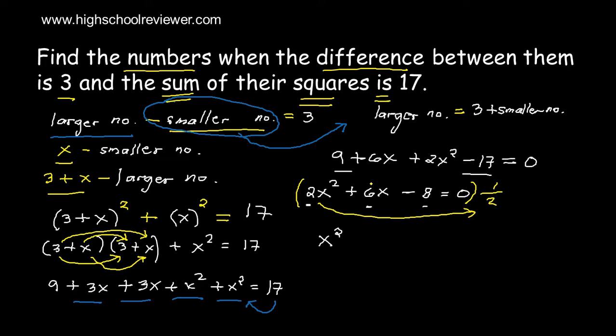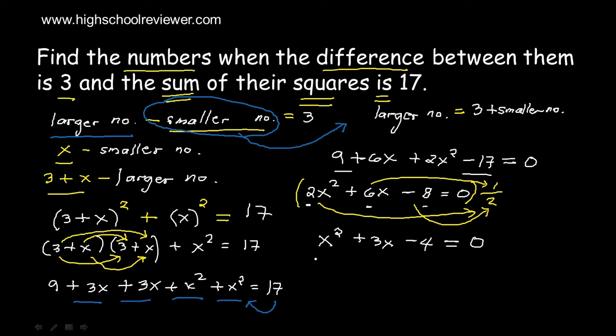Plus 6x multiplied by 1 over 2 is plus 3x. And negative 8 multiplied by 1 over 2 is negative 4, equals 0. We have here our final equation and we can factor this out.